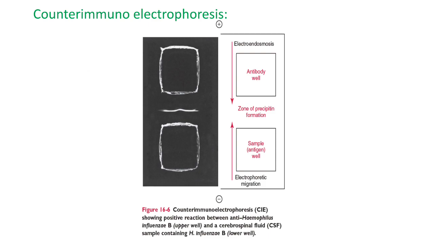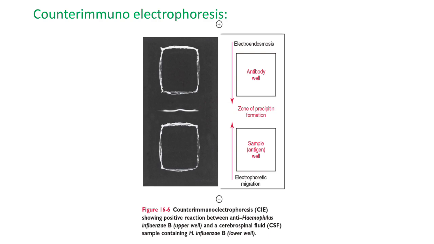Here you can see the agar gel where this is the antibody well, here the sample or antigen well. After electrophoresis, with the voltage applied, the migration occurred to the middle and there is formation of a precipitation band.